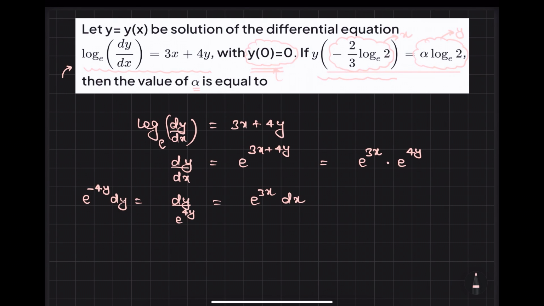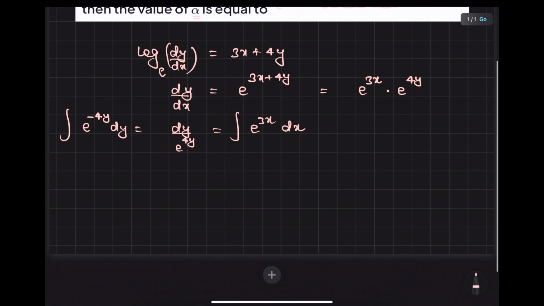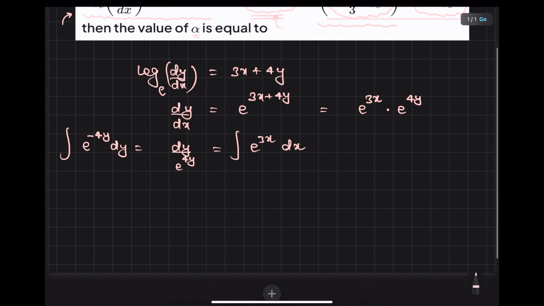Okay, now what we have to do, we have to integrate both the things. So if we will integrate the first part in terms of y, the second part in terms of x, we will get our solution of this curve. So e power x is e power x, so e power minus 4y, integration is this, but you have to divide by the leading coefficient, means minus 4.